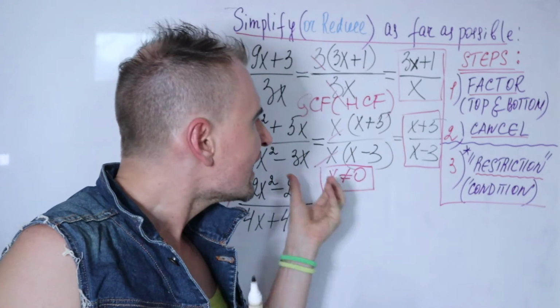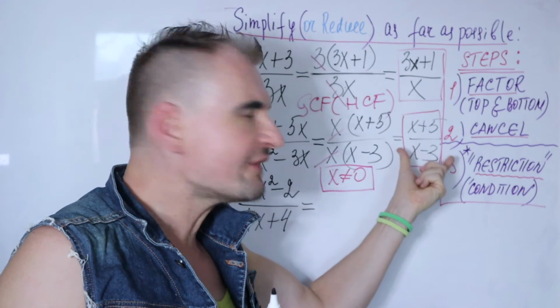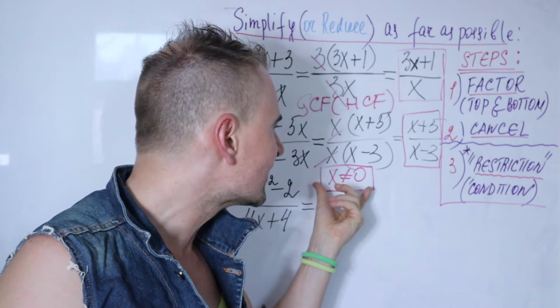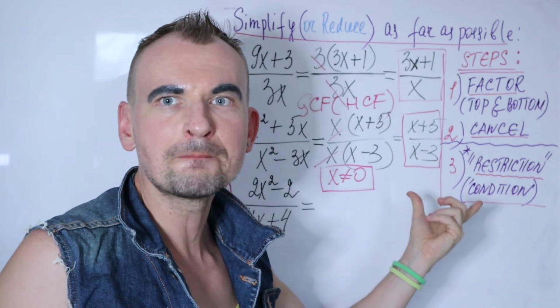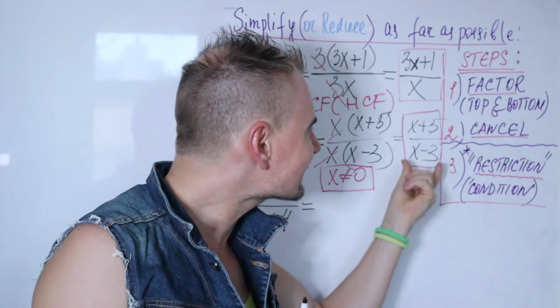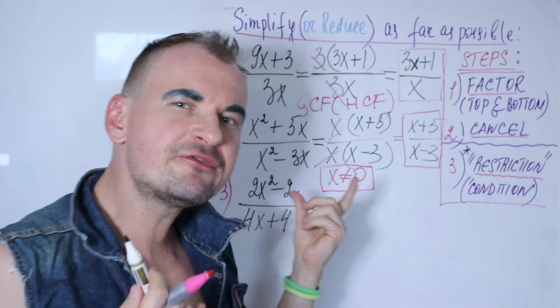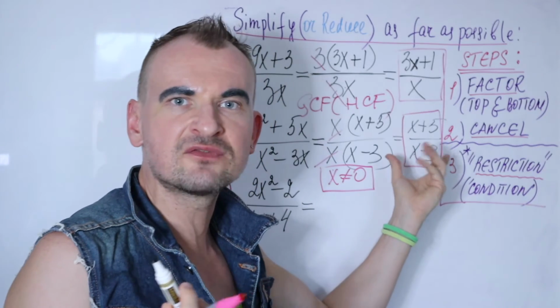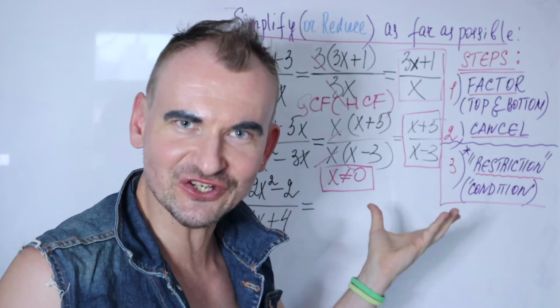When you have your final answer, it's not obvious that your x cannot be 0. It's obvious that your x cannot be 3, because if your x is 3, it would make your denominator equal to 0.